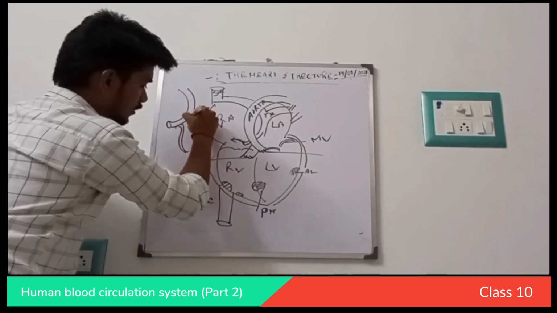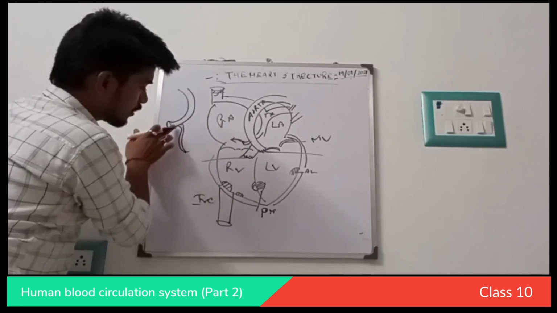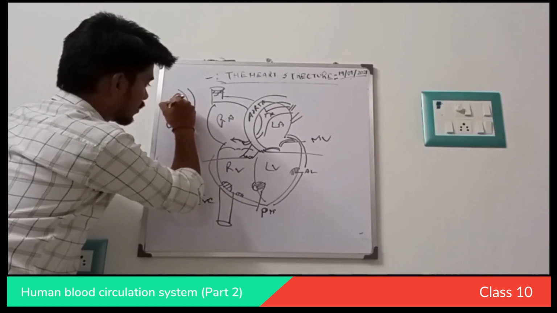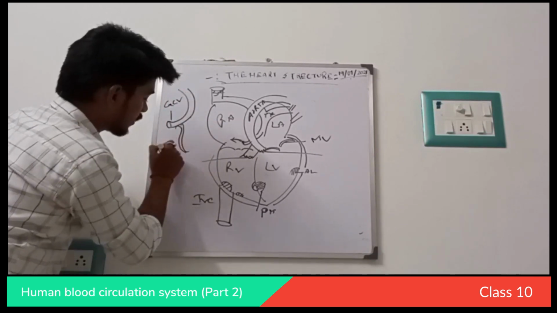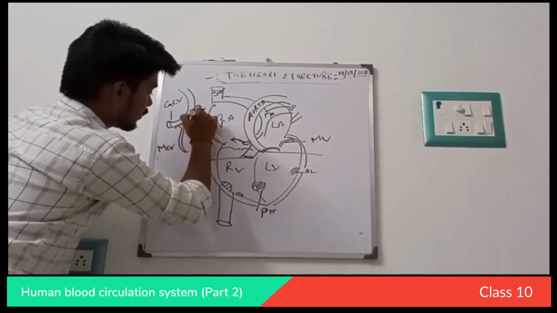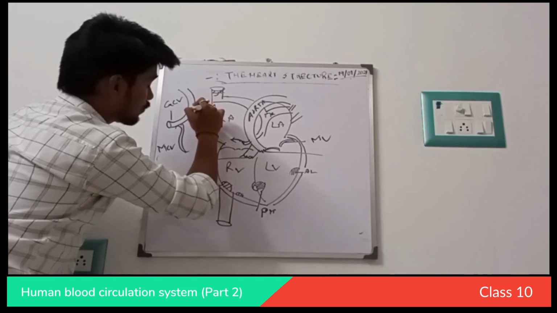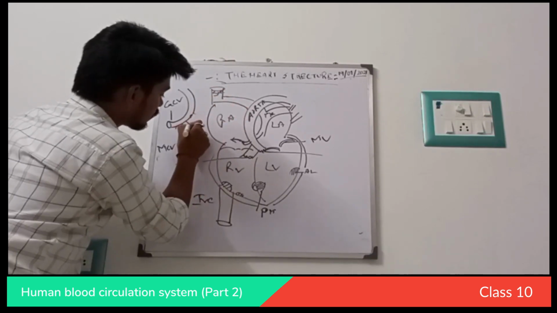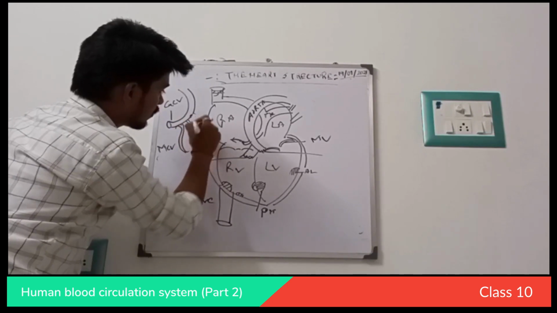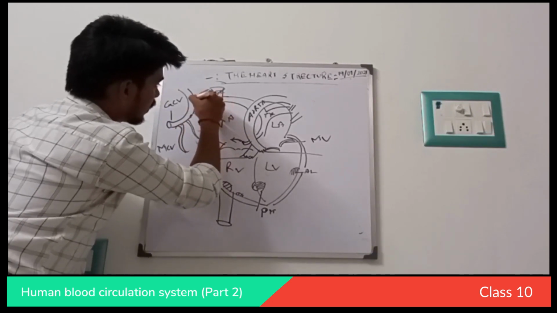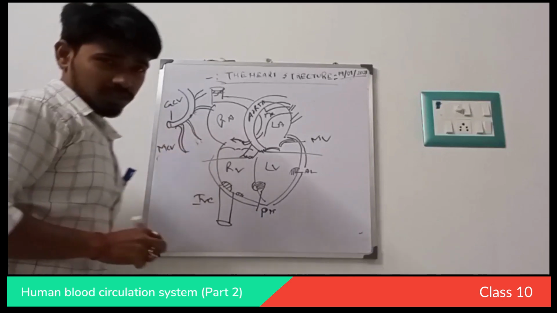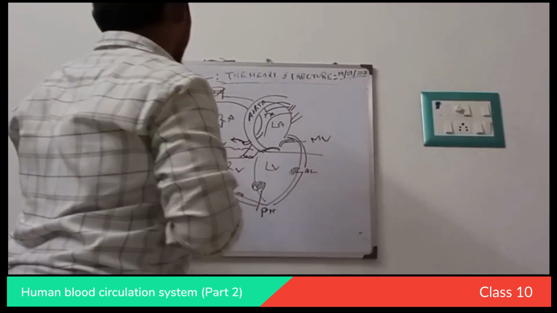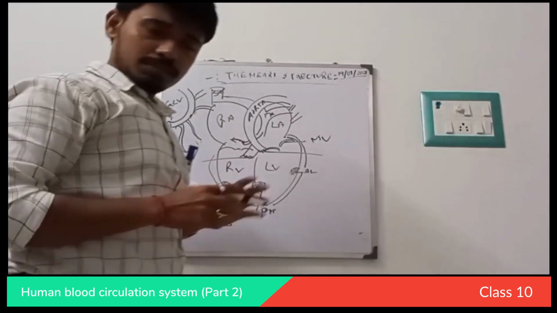It is the great cardiac vein. Middle cardiac vein. This is MCV. Great cardiac vein. That is the middle cardiac vein, and this is the oblique vein of LA. Oblique vein of LA, posterior vein of LV, and some numerous small veins for small muscle drainage.